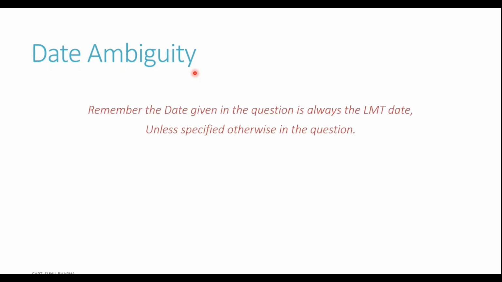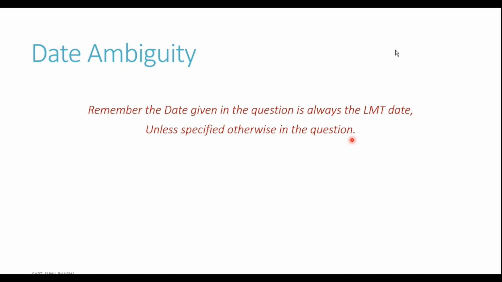However, in some of the questions, if it is not specified or not mentioned whether the date given is the local date or the GMT date, what is to be done? So for all these cases, always remember the date given in the question is always the LMT date unless specified otherwise in the question.